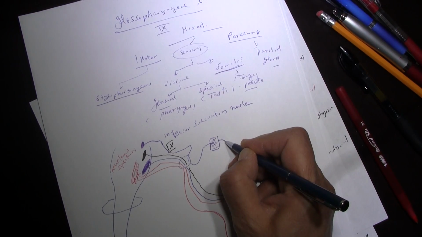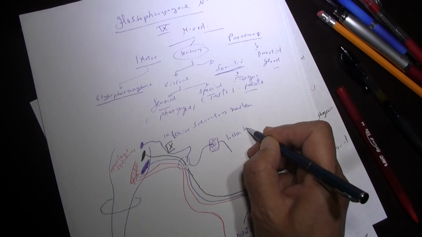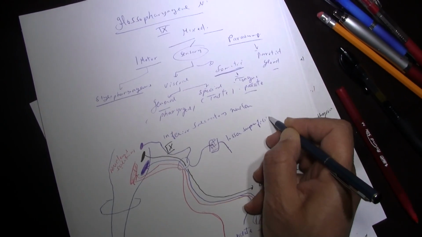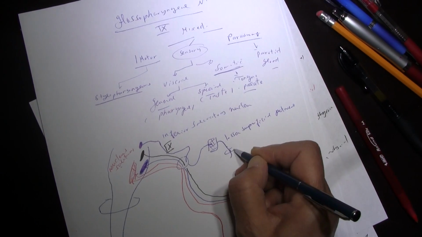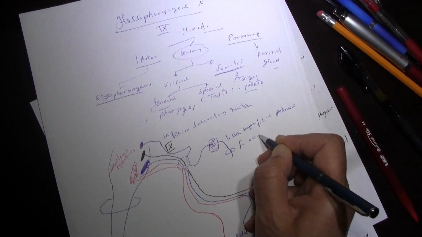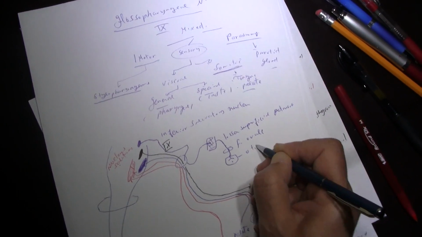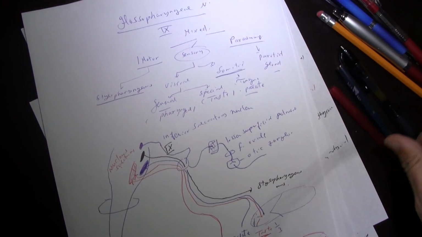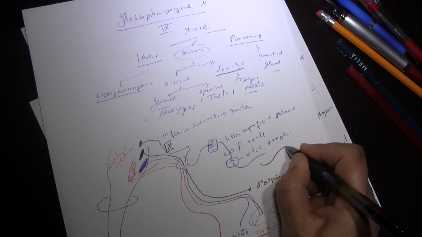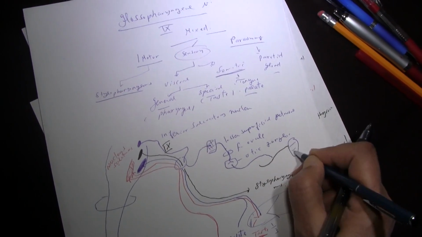From there the lesser superficial petrosal nerve arises and leaves the cranial cavity through the foramen ovale. It stops at the otic ganglion, and the postganglionic fiber joins the auriculotemporal nerve to reach the parotid gland.